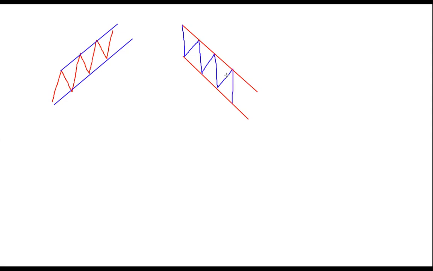Okay? So, going back to the types of structure, this is the way the market works. You're going to see it for yourself, and you can backtest this for years. Okay? I promise you, the market goes from ascending to descending, ascending to descending.